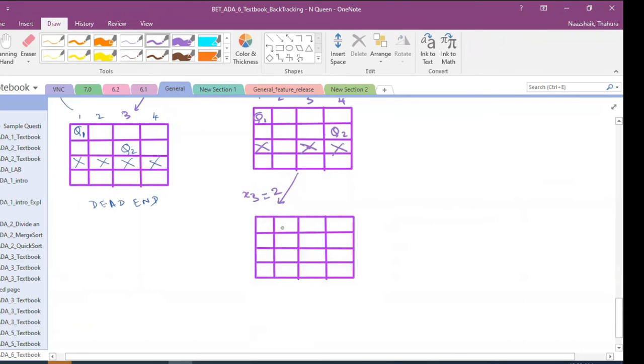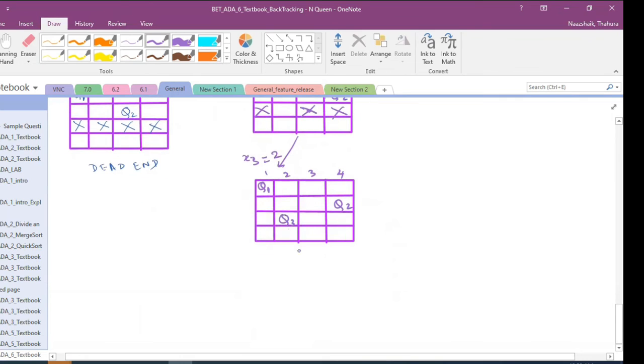Okay, so what did we say? Queen 1 will be here. Queen 2 will be here. And queen 3 will be here. So with this placement, what is the possibility for queen 4? Here, no. Here, no. Here, no. And here also not possible.